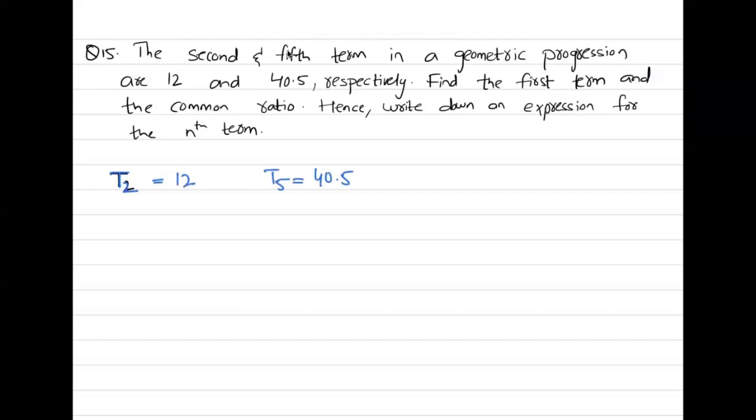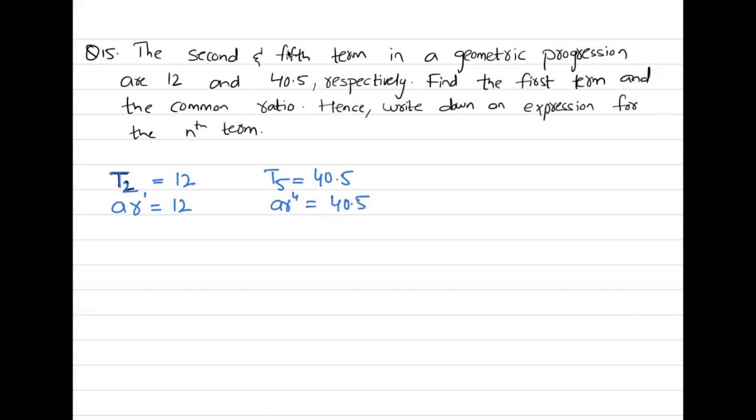Is this information sufficient for us to find the first term and the common ratio? So you don't have a or r. So yes, would you agree that T2 is going to be ar to the power of 1? Yes. And T5 is going to be ar to the power of 4? Yes. Okay, I have two equations.